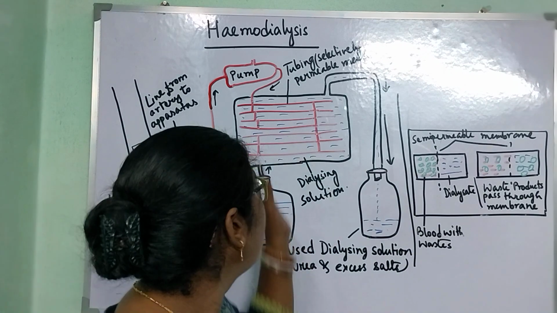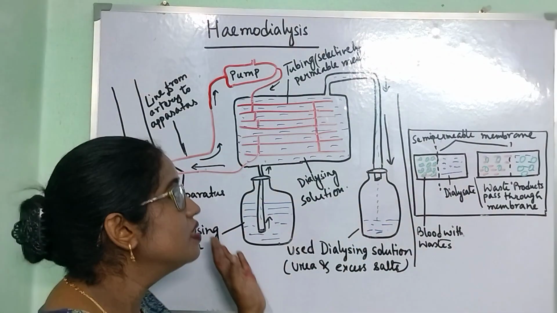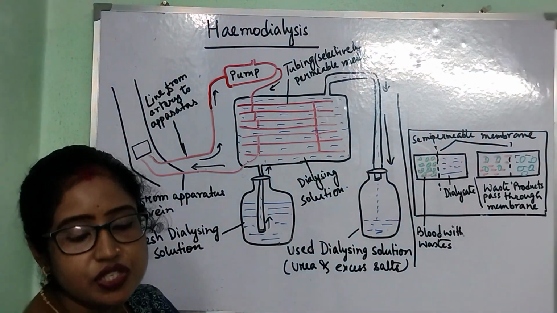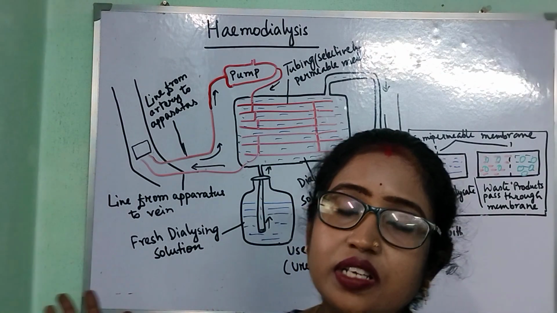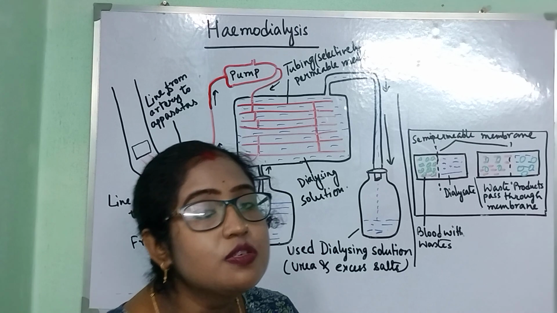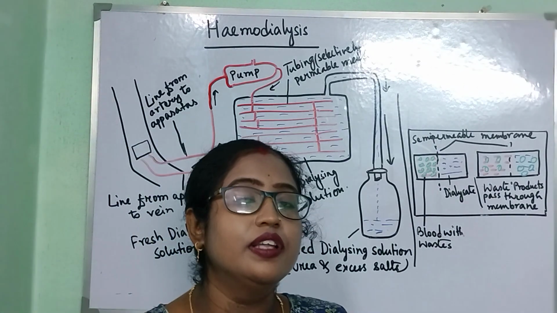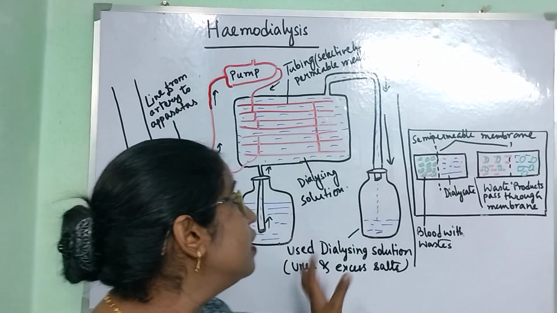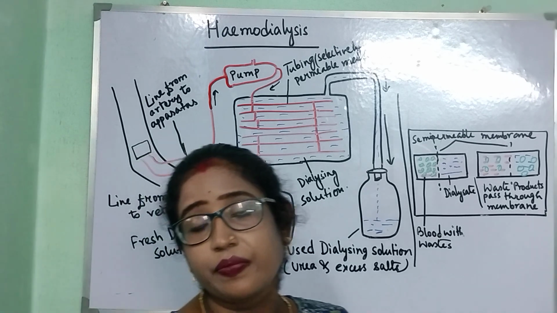This apparatus, called the artificial kidney, removes the waste materials that are accumulated in the blood via the dialysis process.